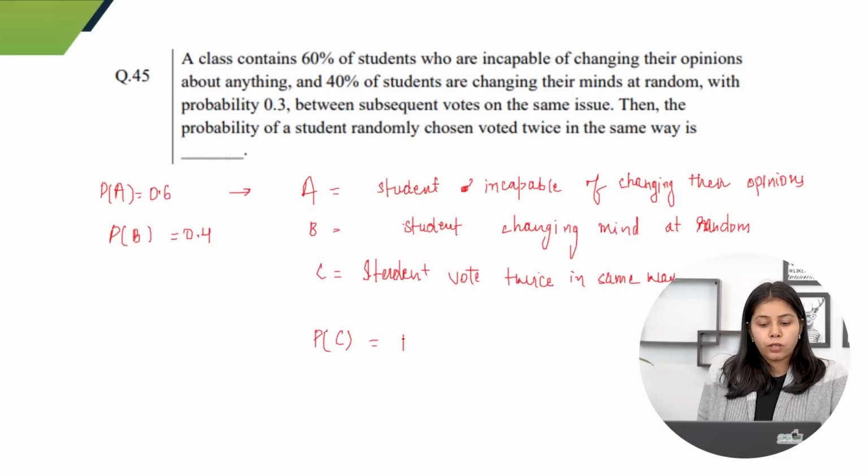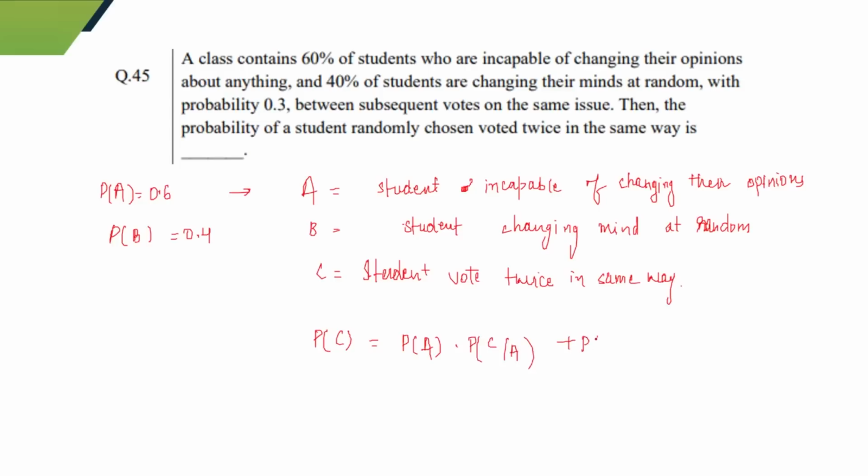Now by the law of total probability, we know that probability of C would be probability of A into probability of C given A plus probability of B into probability of C given B. And what would be probability of C given A? Students voted twice in the same way if they are incapable of changing their minds. If they are not changing their minds, then the probability of voting twice in the same way would be 1.